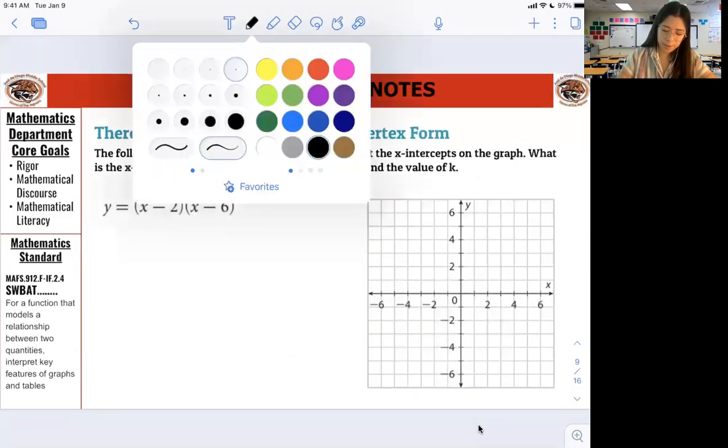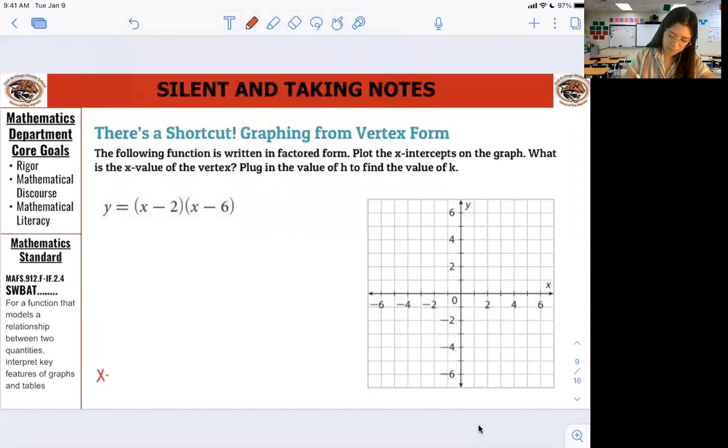Same idea, what are my x-intercepts? 2 and 6. What number is in between 2 and 6? 4. The number 4 is right smack in the middle, right?